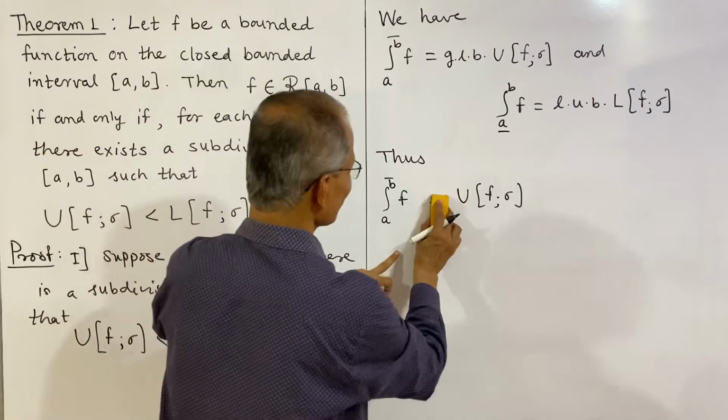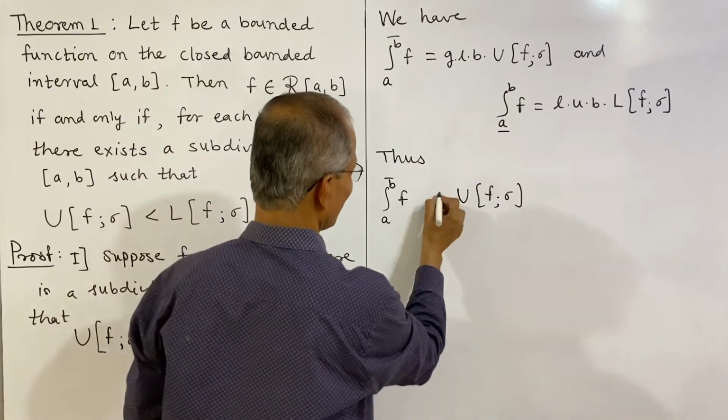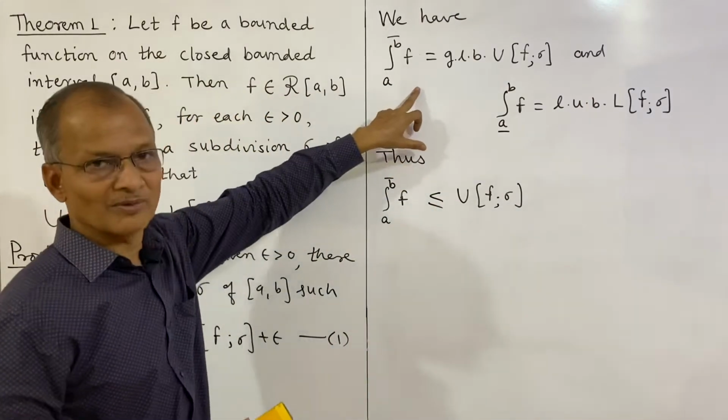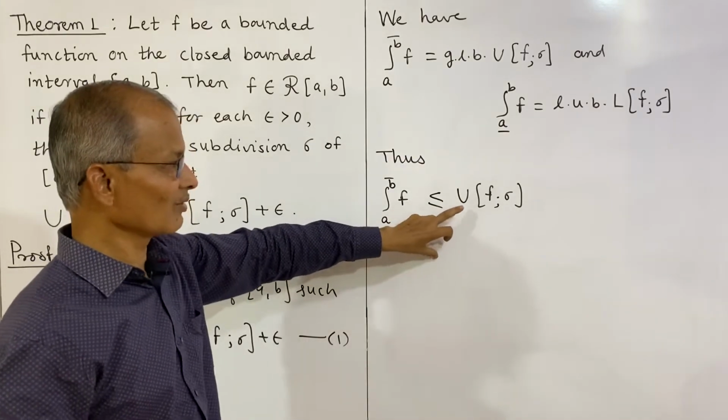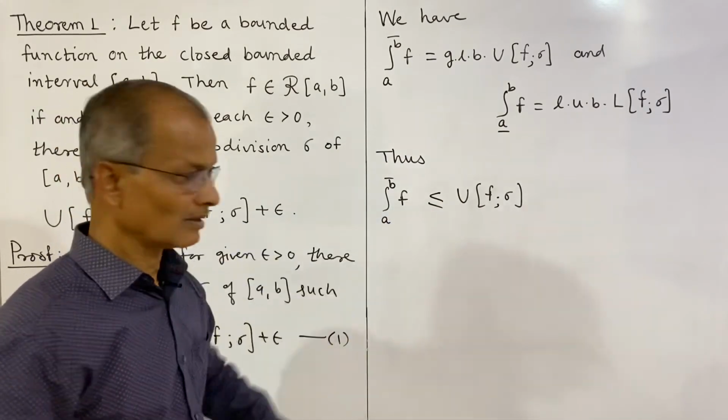So the upper integral must be less than or equal to any upper sum, and therefore it is less than or equal to the upper sum of f on sigma.